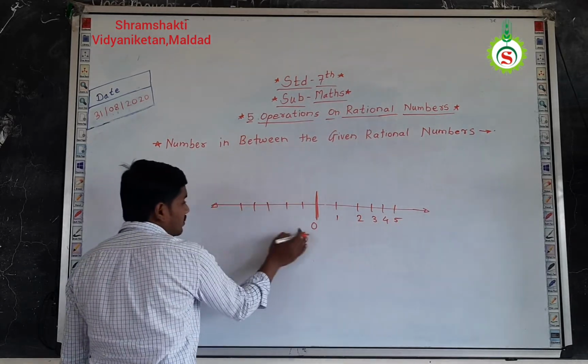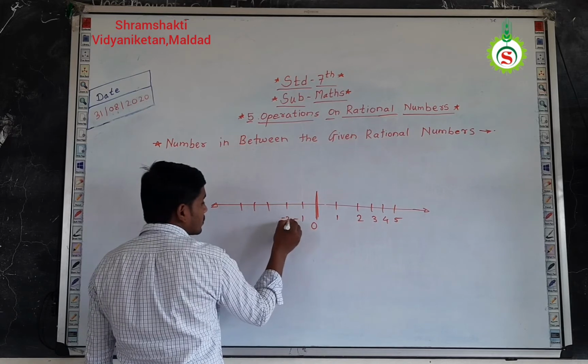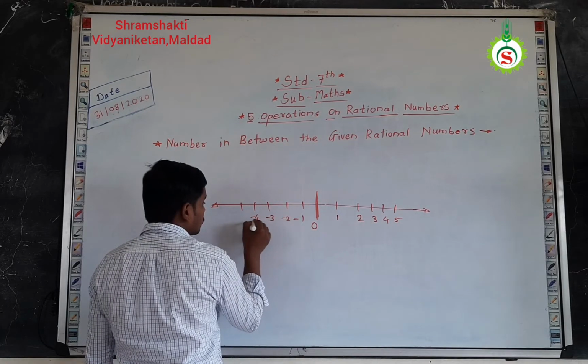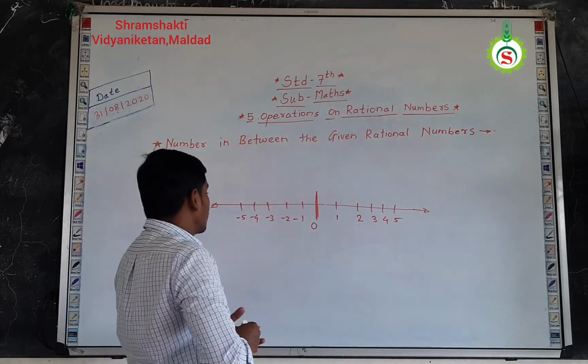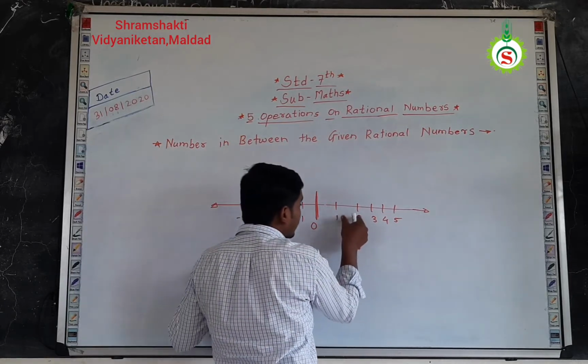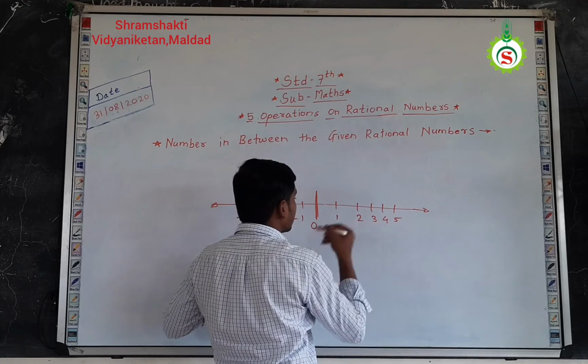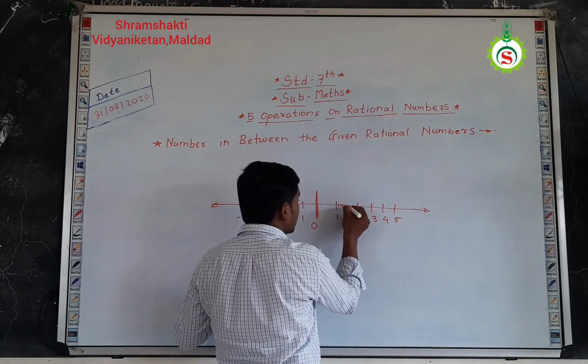On the left side of 0 there are negative numbers: minus 1, minus 2, minus 3, minus 4.